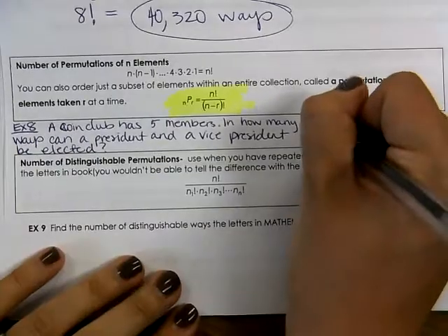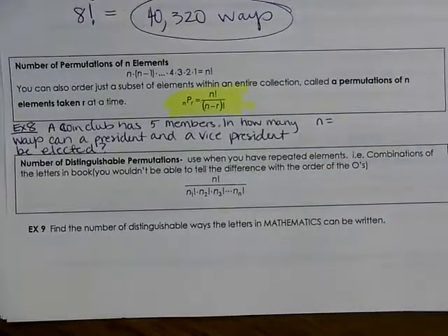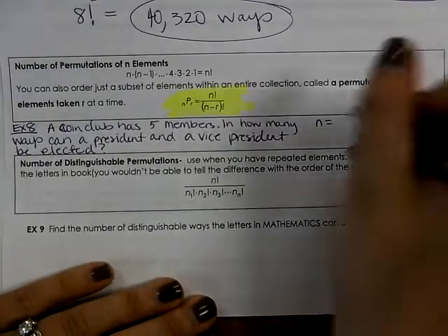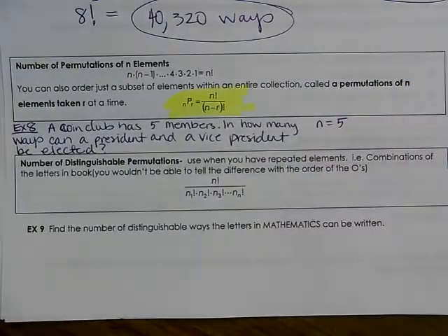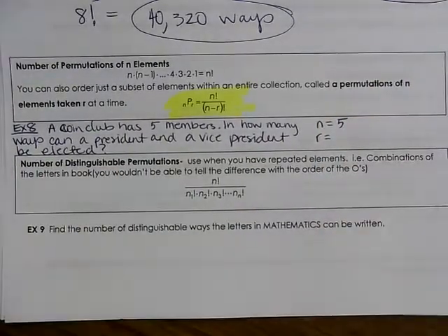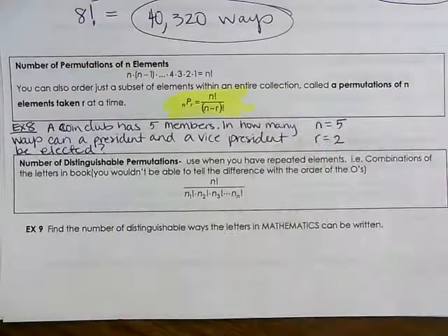So n represents your total number to choose from. So how many total are there to choose from? 5. Right? 5 to choose from. And then how many are we choosing? What's the subset? 2, because there's 2 positions to fill, the president and the vice president.